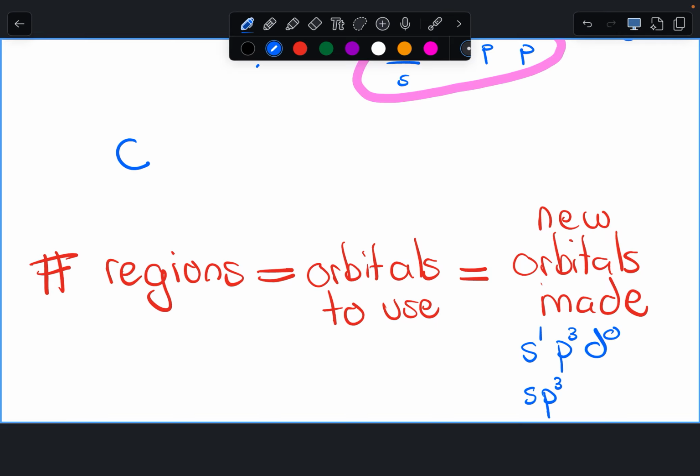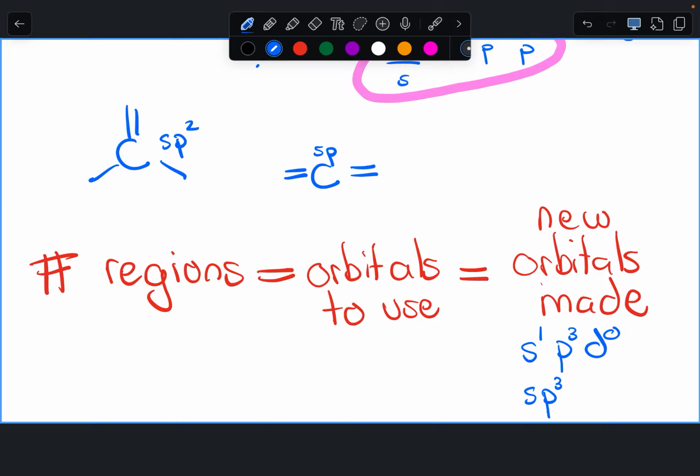If you had something like this, 3 regions, S, P, P, so this would be SP2. Something like that, 2 regions, right? S, P, that's the hybridization.